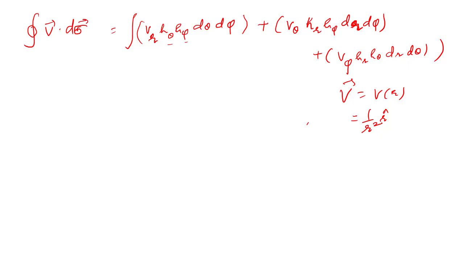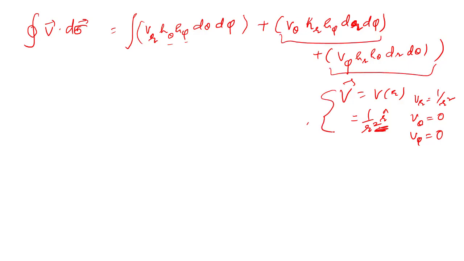So it only has the r component. So v theta is 0 and v phi is equal to 0 and vr is simply 1 over r square. Then in terms of integrals, for this particular special function, which is only a function of r, I have vr h theta h phi d theta d phi.